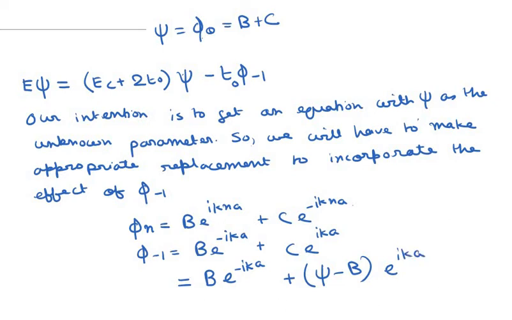So this basically becomes b times (e to the power minus i k a minus e to the power i k a), we have this minus sign over here, plus psi e to the power i k a.